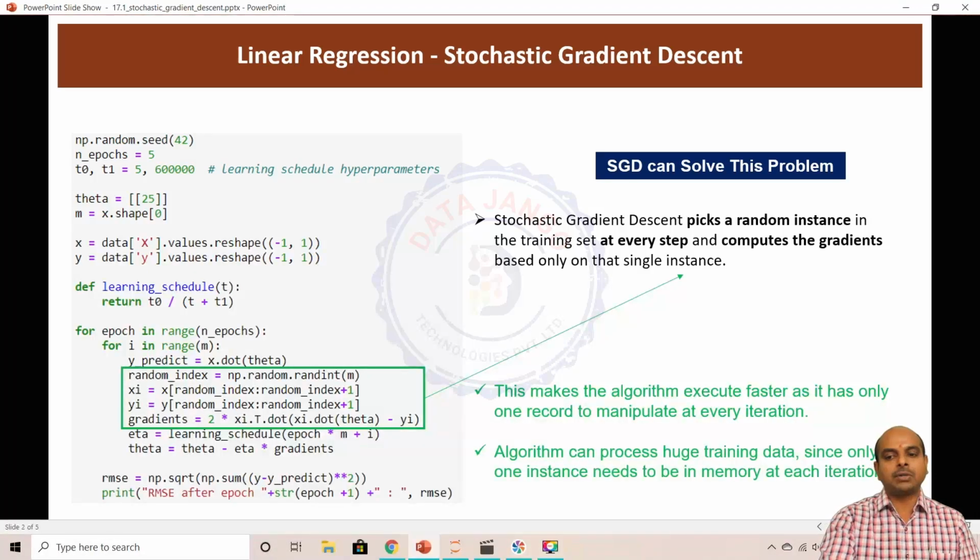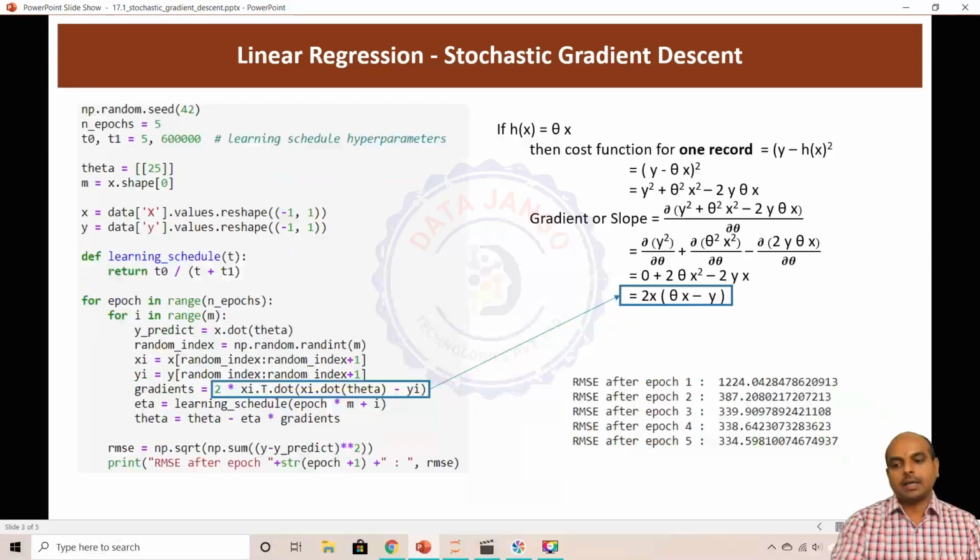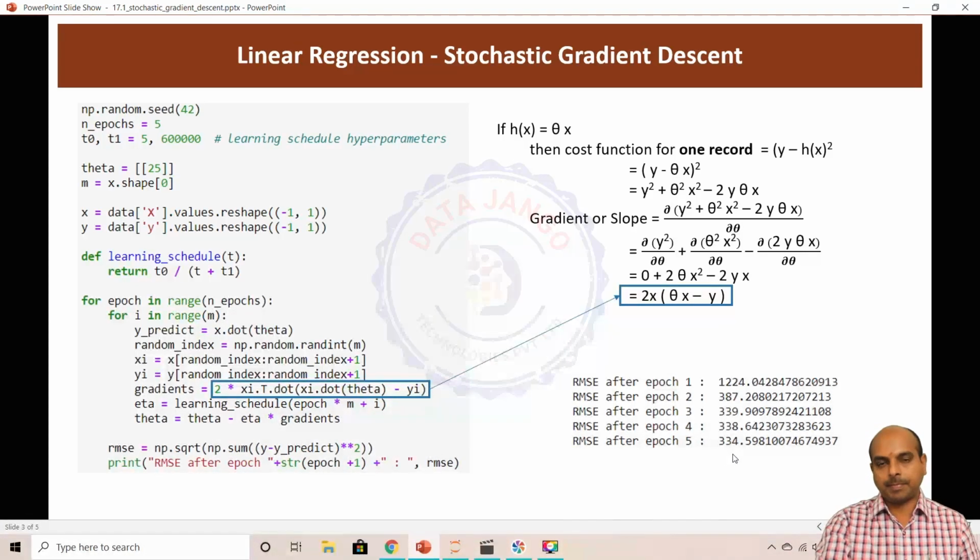Let us jump in and look at the accuracy it got in the number of iterations. If you look at this, we have epoch 1 to epoch 5. By epoch 5, it achieved 334. In our batch gradient descent, we achieved 333 in 60 or 70 iterations, which is 1500 matrix manipulations, because we are using the whole data to calculate the next theta.